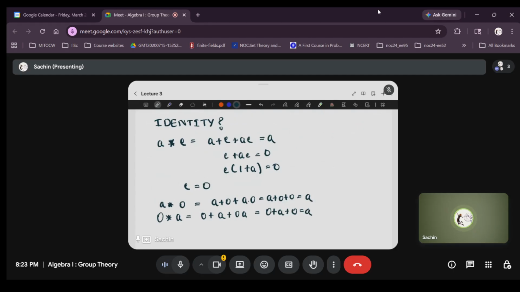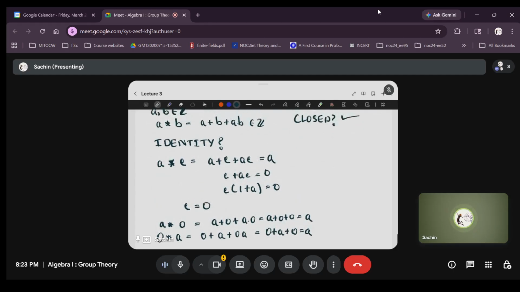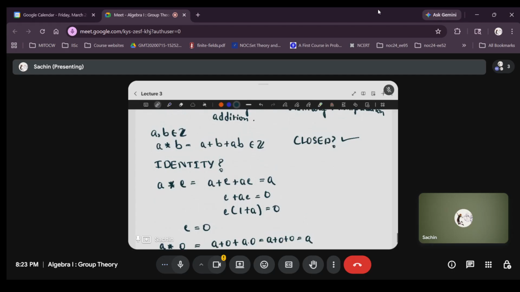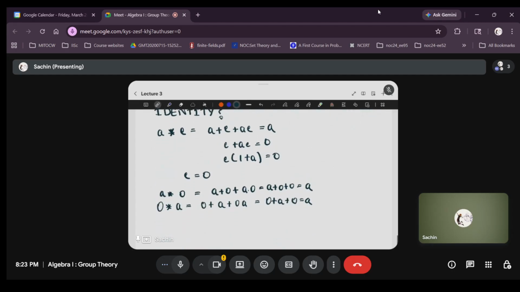So that is also A. So identity element does exist. 0 is the identity.